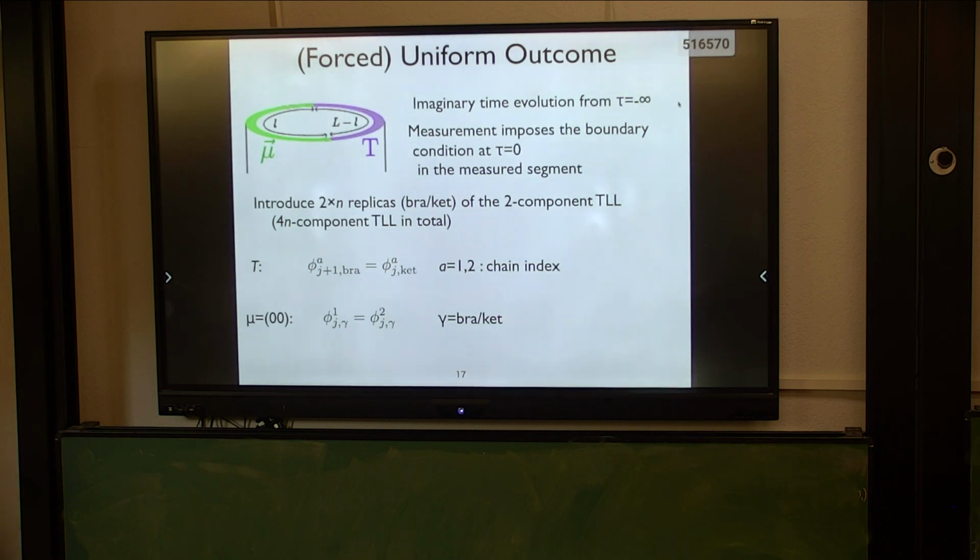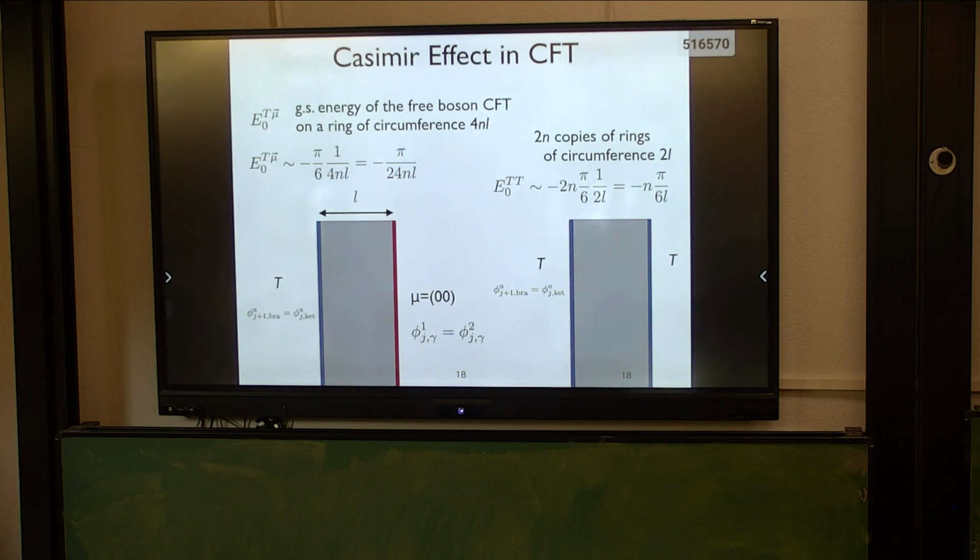Then the problem is reduced to finding the boundary scaling dimension of those boundary condition changing operators. And again, I can use the same trick. By conformal mapping, the problem is mapped to an infinitely long strip.